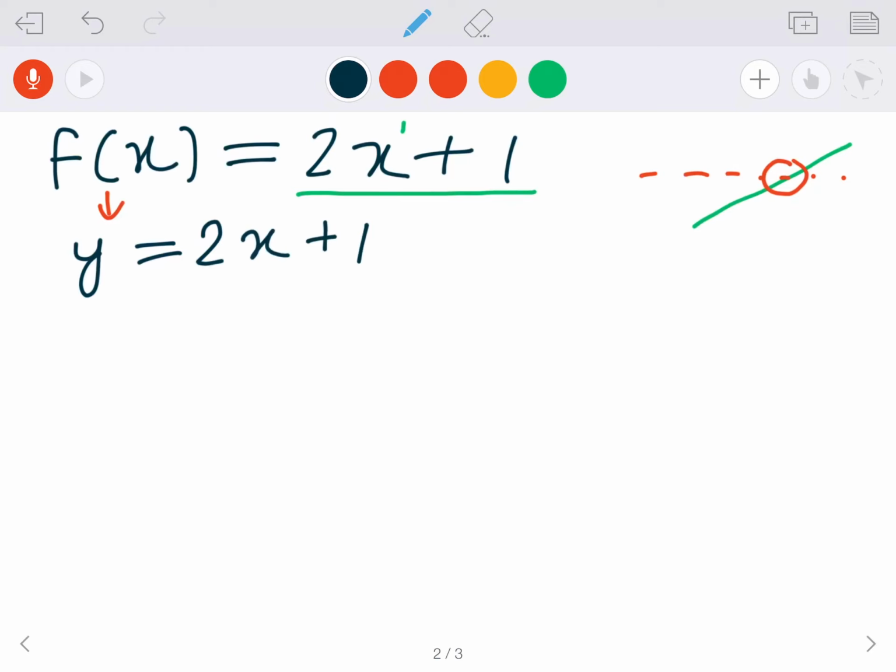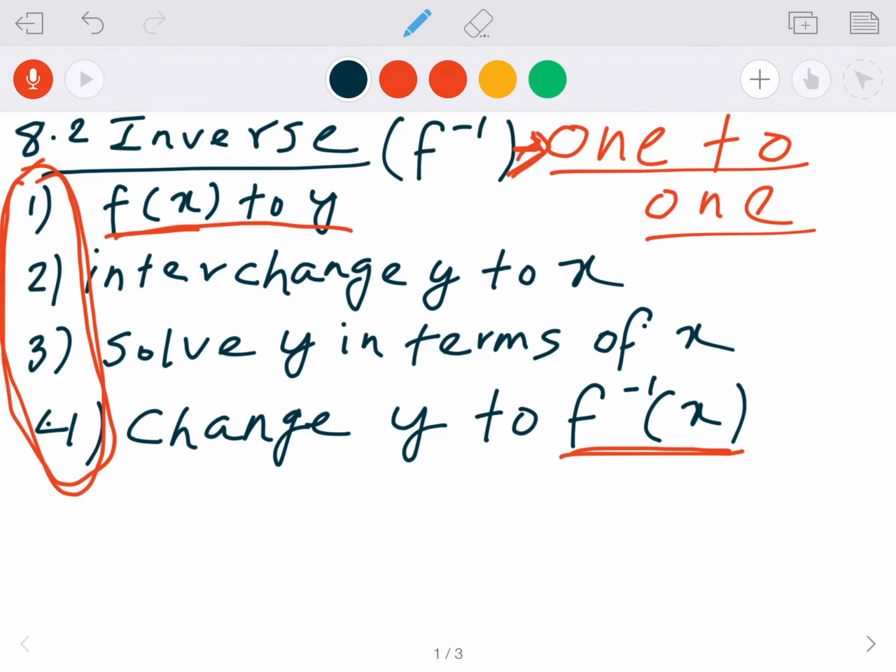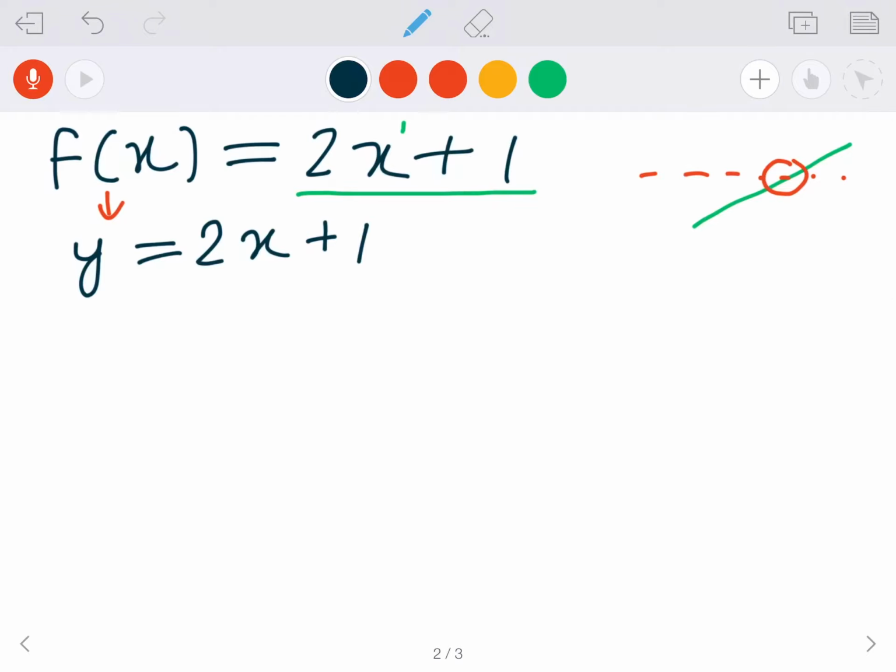All right, and the second one is interchange y and x. So then we get y to x and x to y.